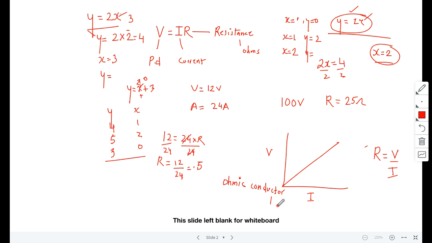And how can you describe the relationship between V and I? By the graph, what can you say, that they are proportional? How? What's the relationship between these two? By looking at the formula, how can you describe its proportionality? How are they proportional to each other?